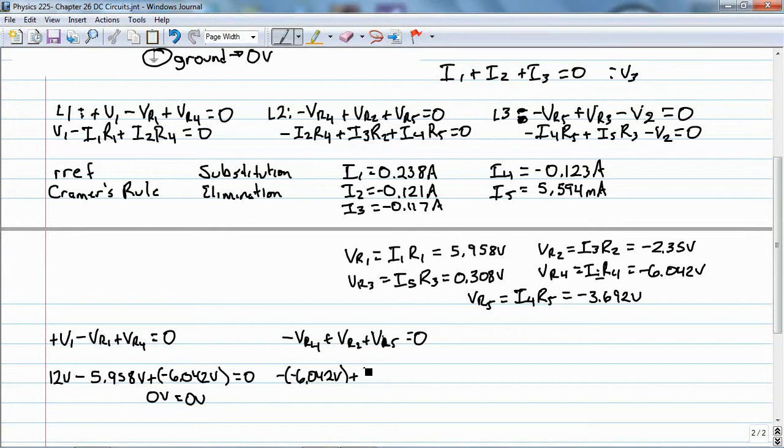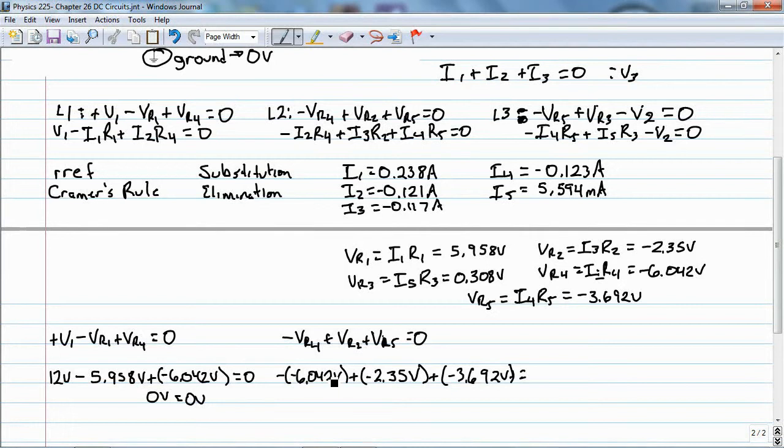VR2 is minus 2.35 volts plus VR5 is a negative 3.692 volts, and that gets me pretty close to 0.